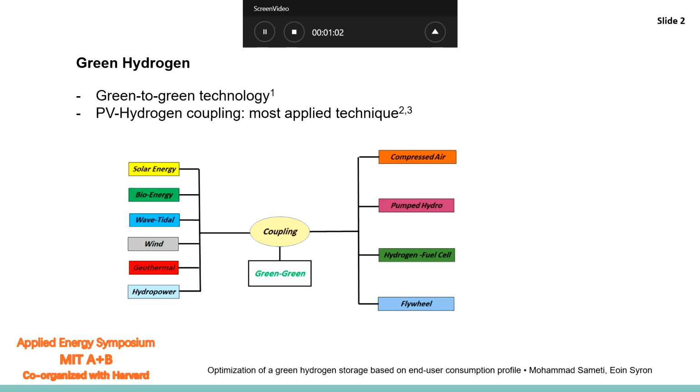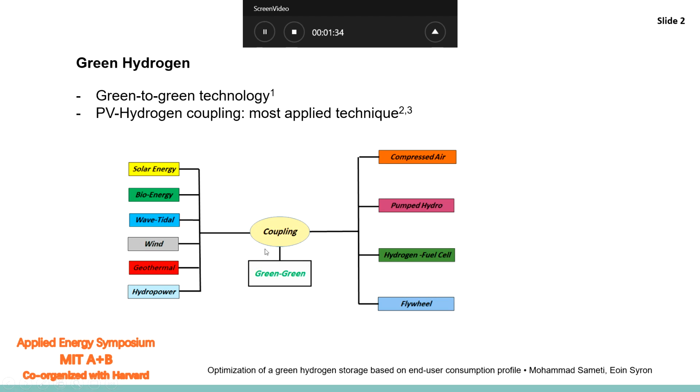Those types of hydrogen that do not come from green sources are called gray hydrogen. Green hydrogen comes from, for example, solar energy, which can be solar heat or solar electricity, biomass, bioenergy, wave and tidal energies, wind energy, geothermal energy, plus hydropower. If the hydrogen is generated by these sources, it is called green hydrogen.